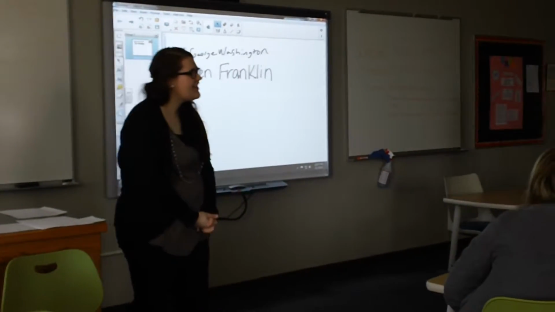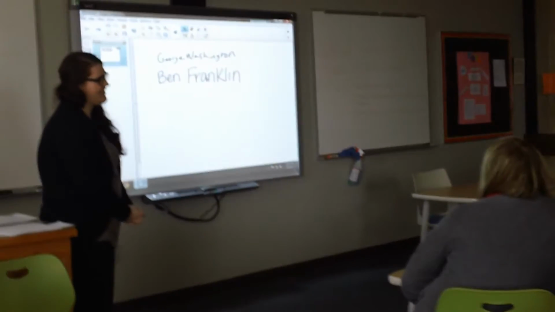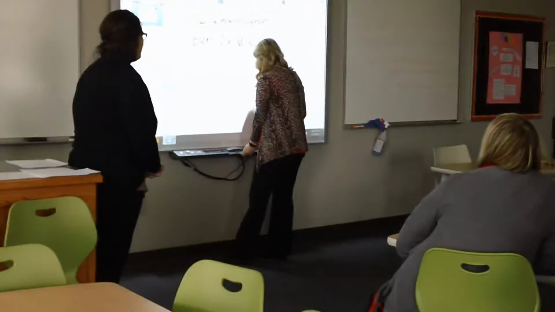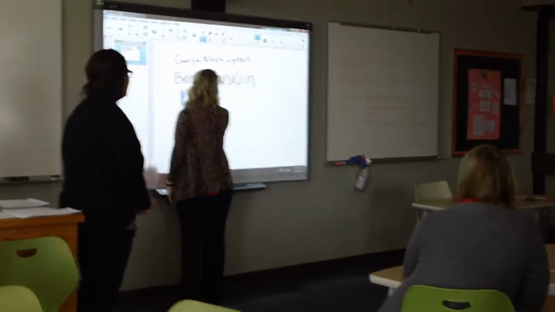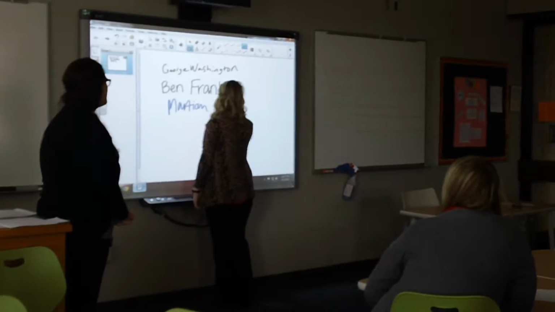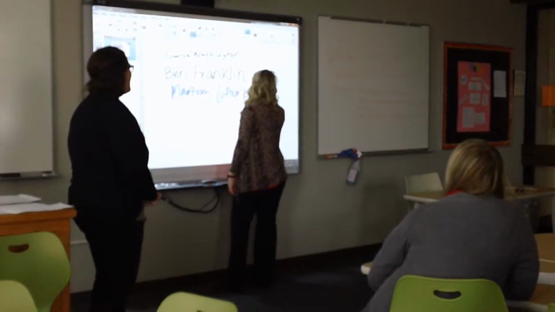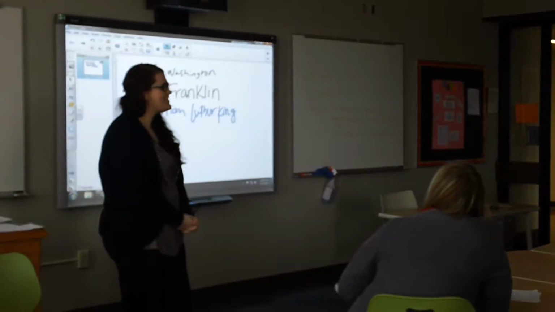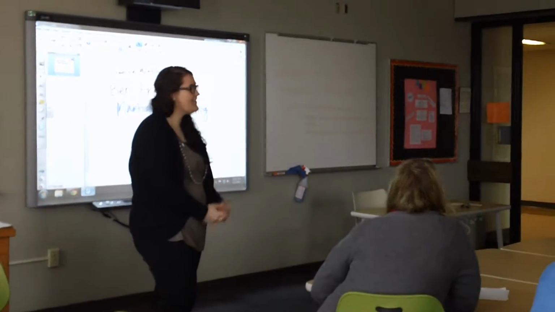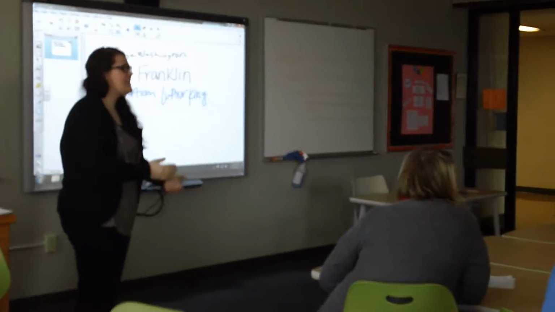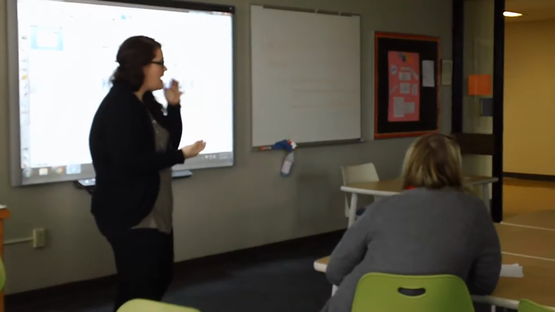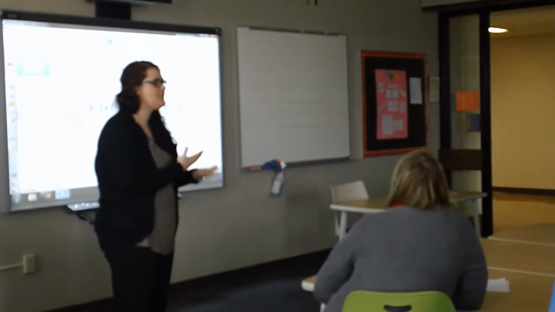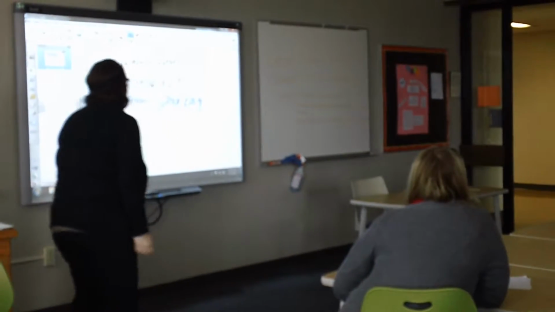What do you say, Terry? Martin Luther King. Absolutely. Any other historical characters? Lewis and Clark. Lewis and Clark, absolutely. Anything else? Anybody in history? Pocahontas. Sacagawea. Pocahontas, Sacagawea, Lewis and Clark. All of these are historical characters.